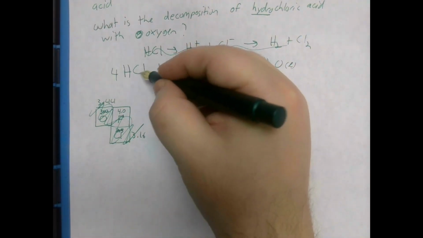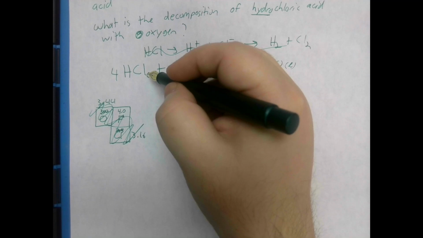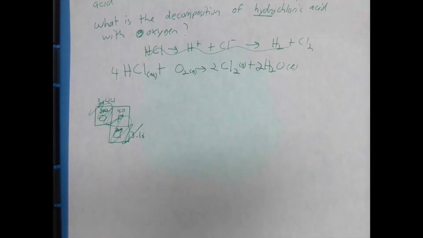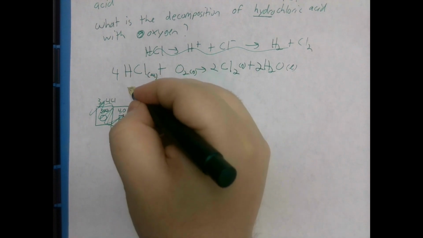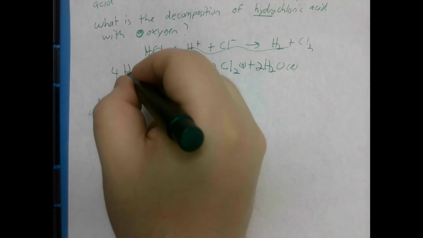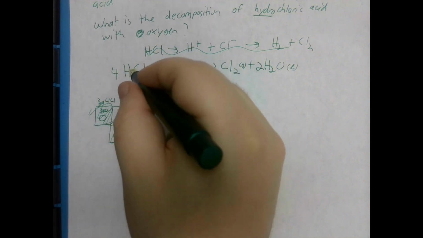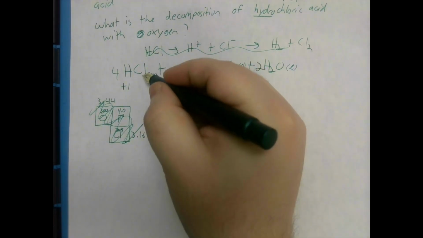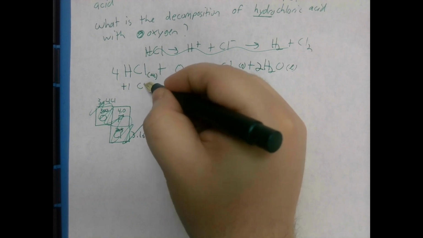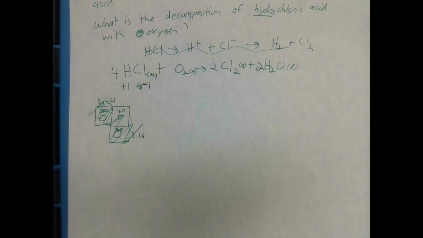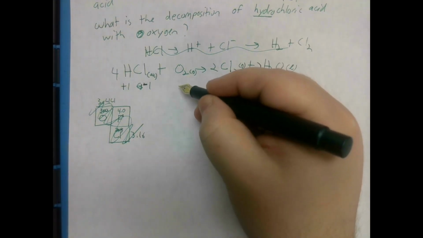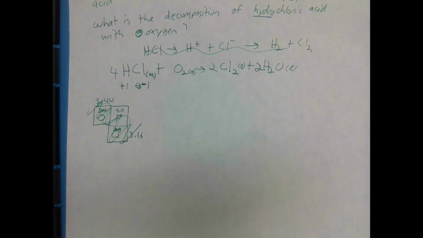So what is chlorine in this? Or what are the oxidation numbers? So we have hydrogen, it would be what? +1. Again, by the definition of an acid, it always produces H plus ions. Chlorine would be -1. Oxygen would be 0.